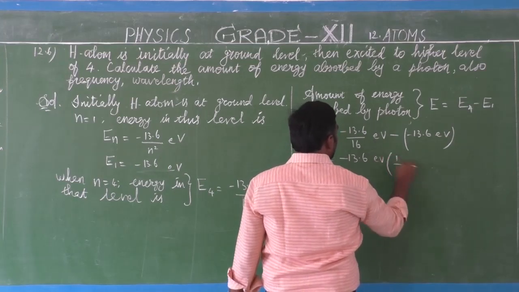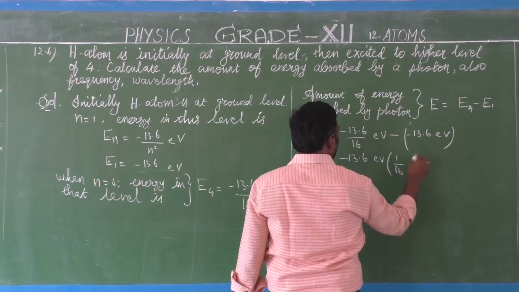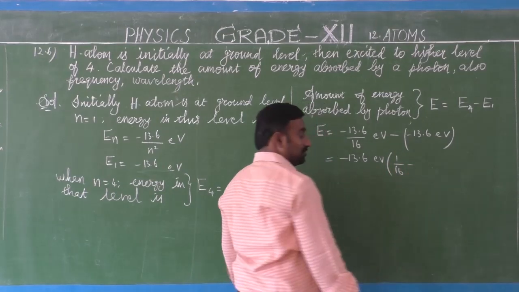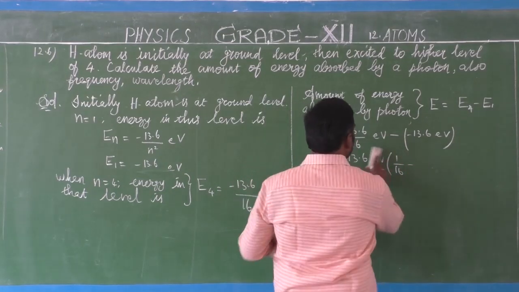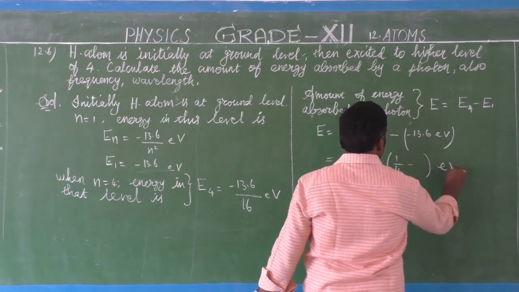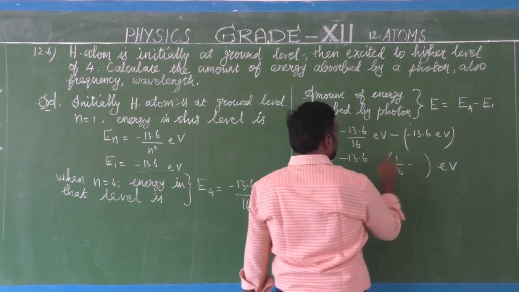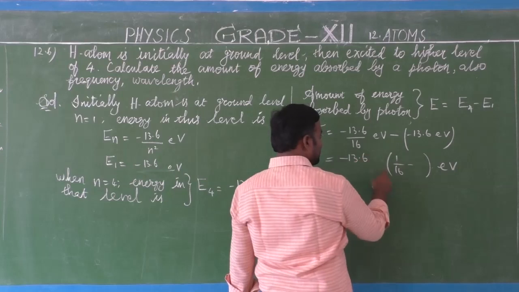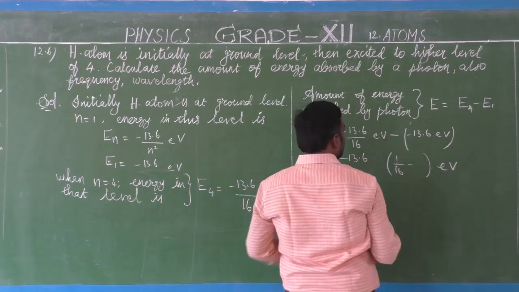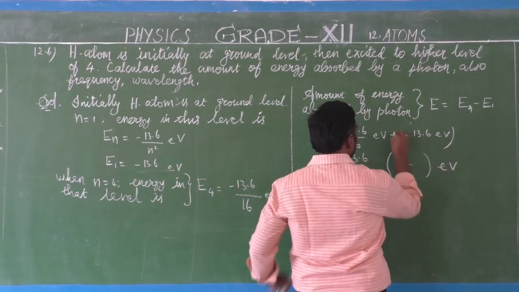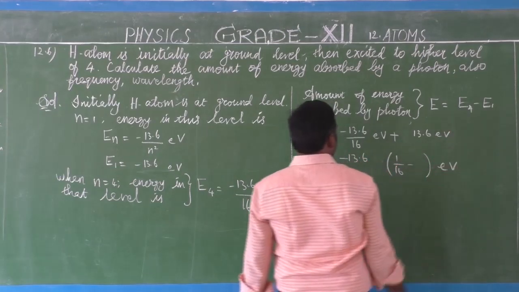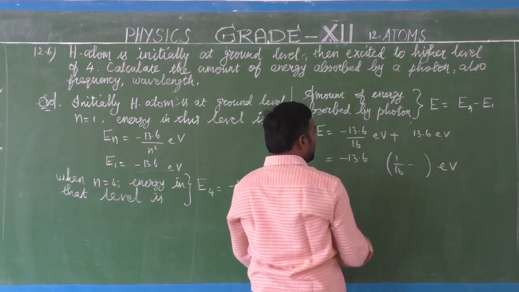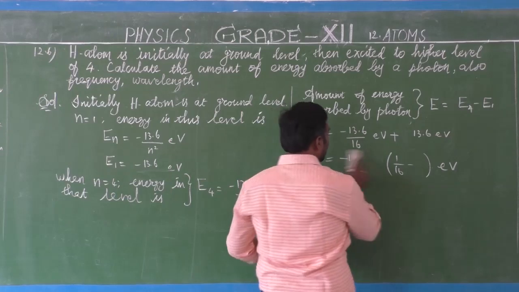Then the remaining will be 1 by 16 minus 1. Minus and minus become plus, so this value is plus.